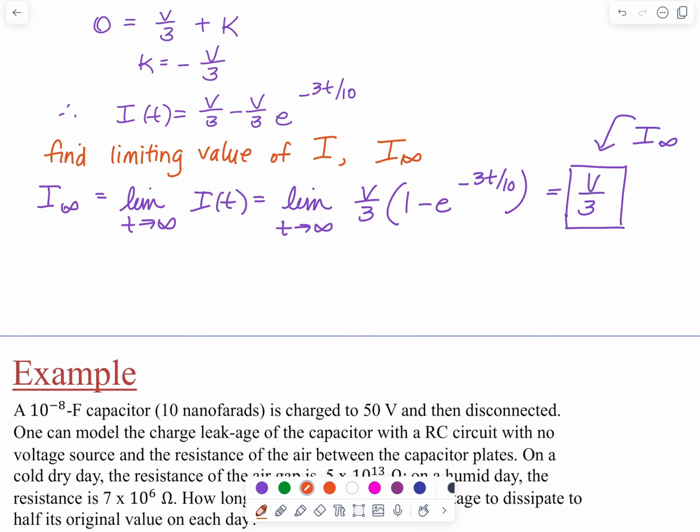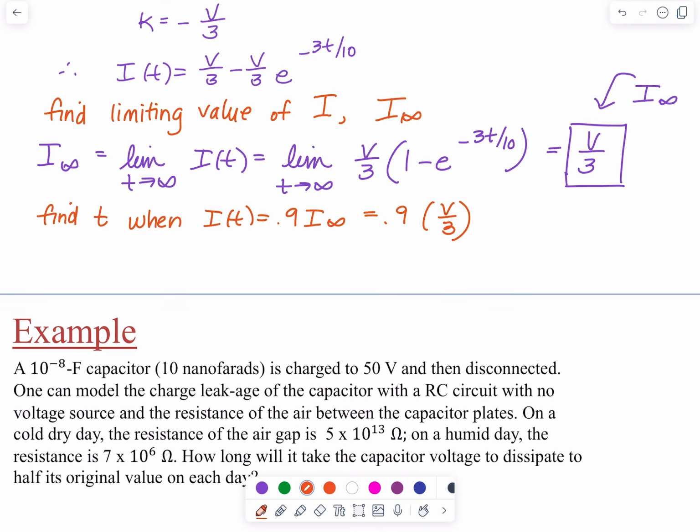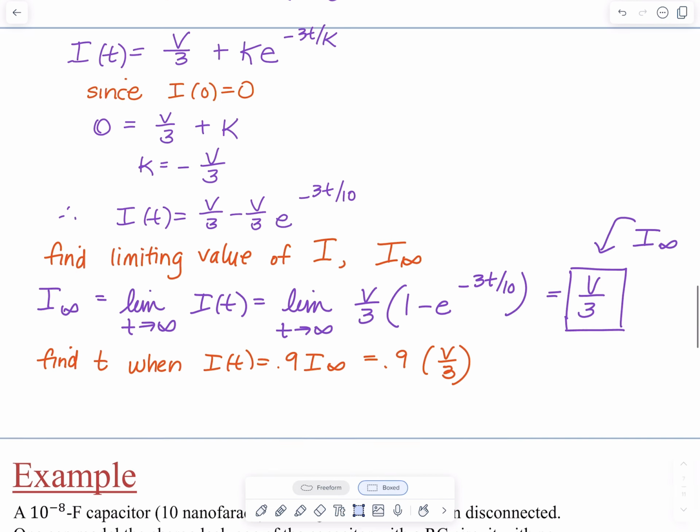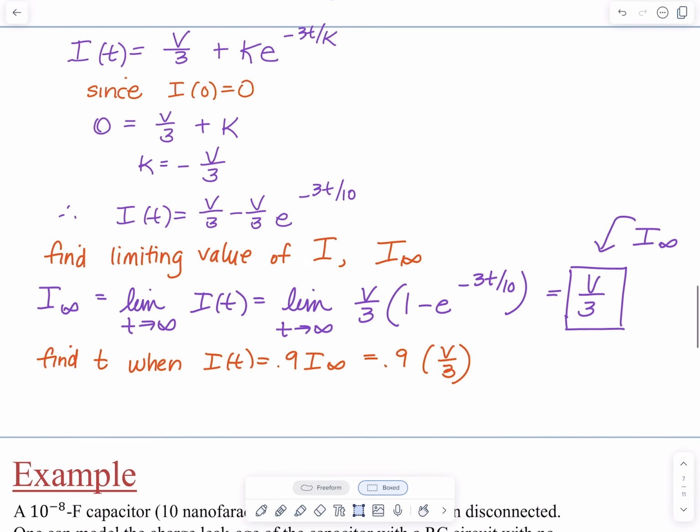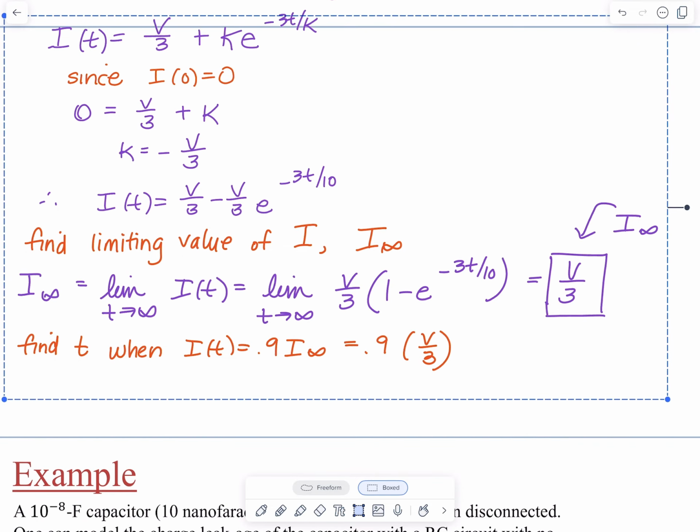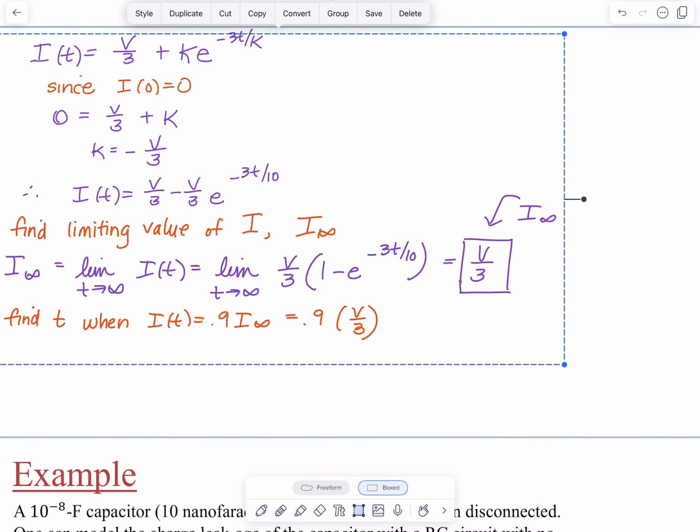And so now we need to find t when I of t is equal to 0.9 times that limiting value. Okay? And that's going to be 0.9 times v over 3. So let's go ahead and do that. And I am going to need to make all of this a little bit smaller.